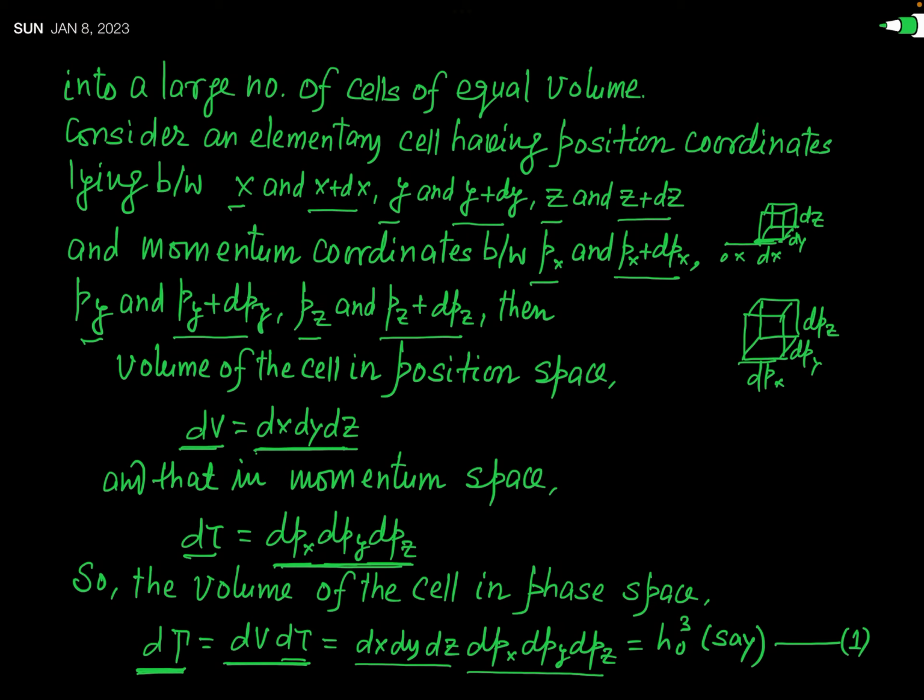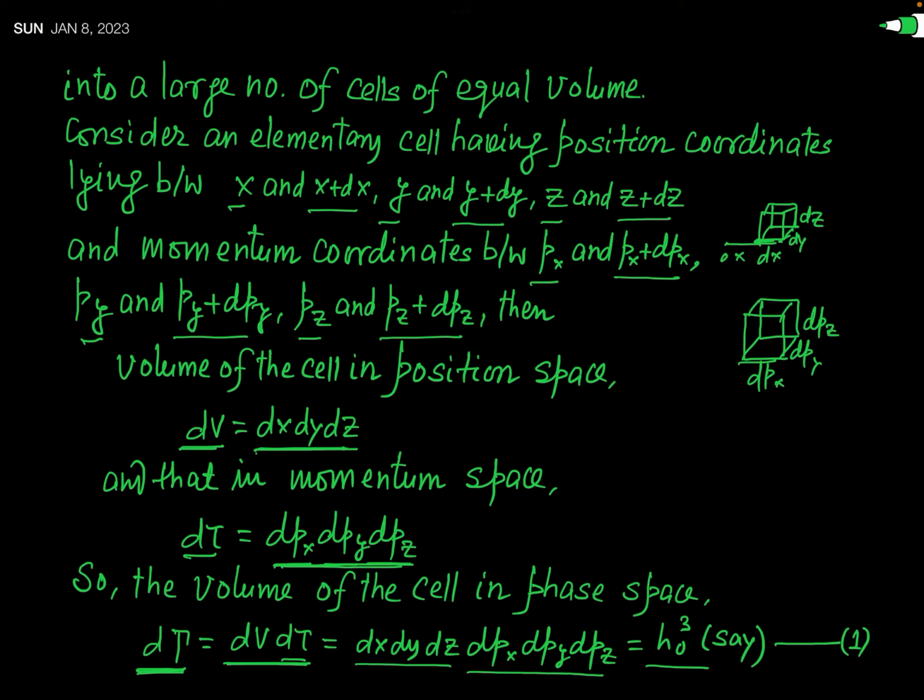Okay. Now let us consider that this is equal to h naught cube. We consider it. Why this symbol h naught has been used, it will be clear to you after some time in this lecture. Actually, we will see later on that this h naught is recognized as Planck's constant h in quantum mechanics.